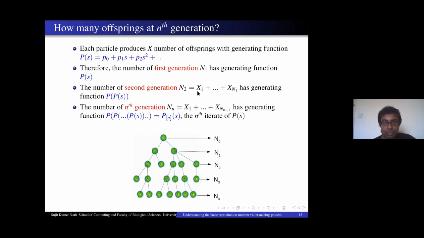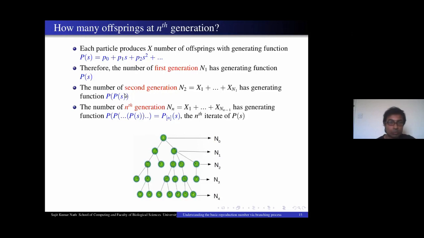For the second generation, we have to sum up x1 plus x2 plus dot dot dot plus xn1, because there were n1 number of particles in the first generation. All of them will contribute by producing new particles.